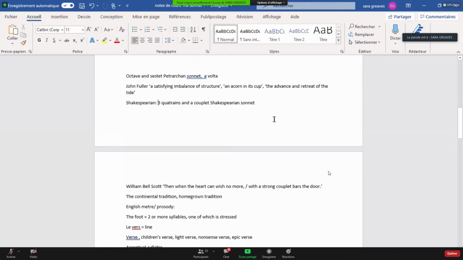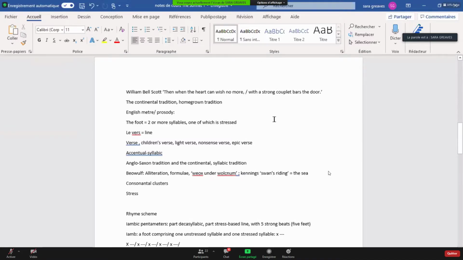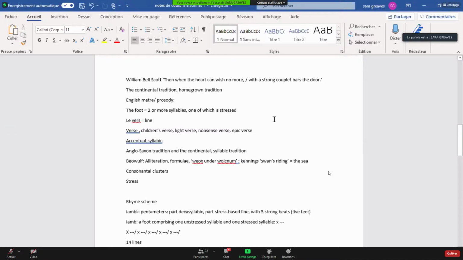And William Bell Scott says, "Then when the heart can wish no more, with a strong couplet bars the door." Okay, you've got that quotation here. So that's something to bear in mind when writing about sonnets.